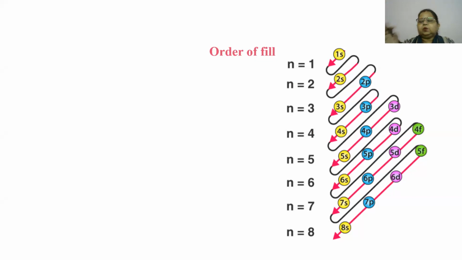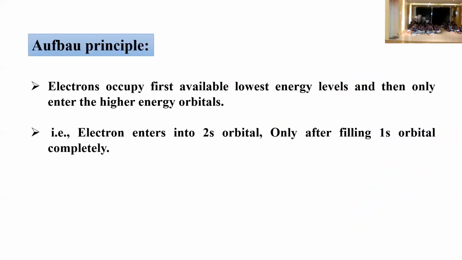See, the students who have been taught must be familiar with this. Now, can you tell me what is the name given to this diagram? Or before that, tell me what is the meaning of Aufbau? For filling of electrons, it's not like what we were doing in orbits.